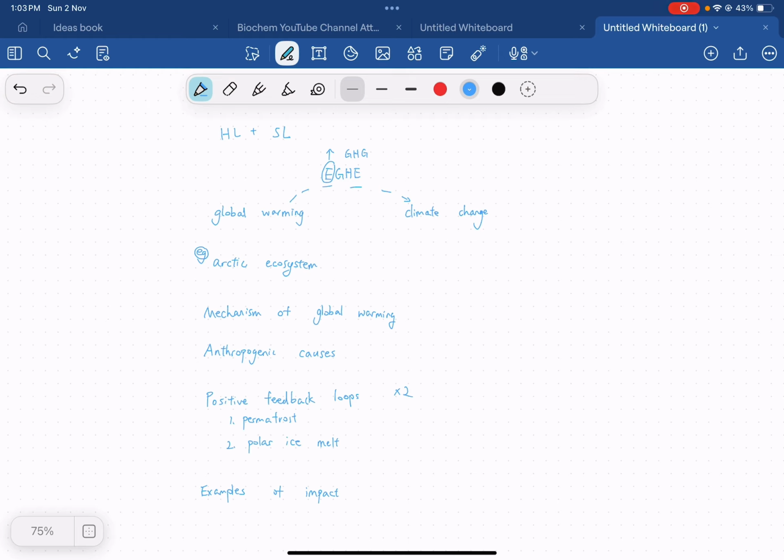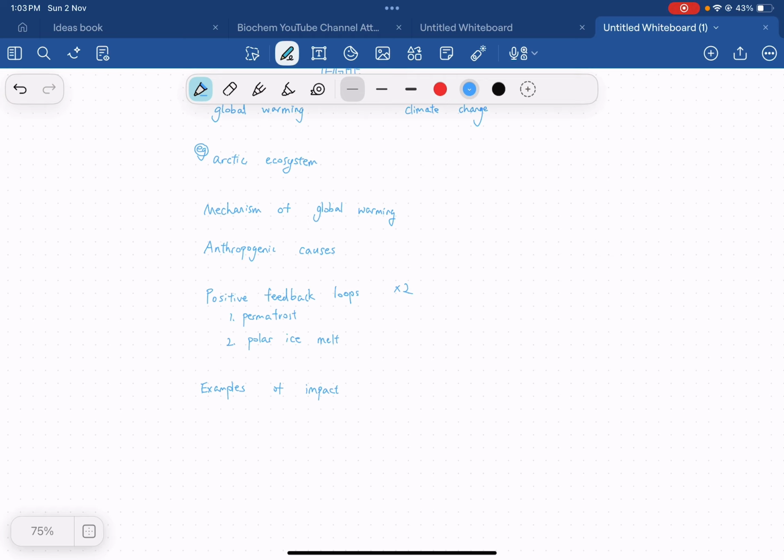And this would lead to the ocean trapping more heat as the shortwave radiation reaches the earth, and thus the temperature would increase even more, and this process of global warming and melting of ice can exacerbate.